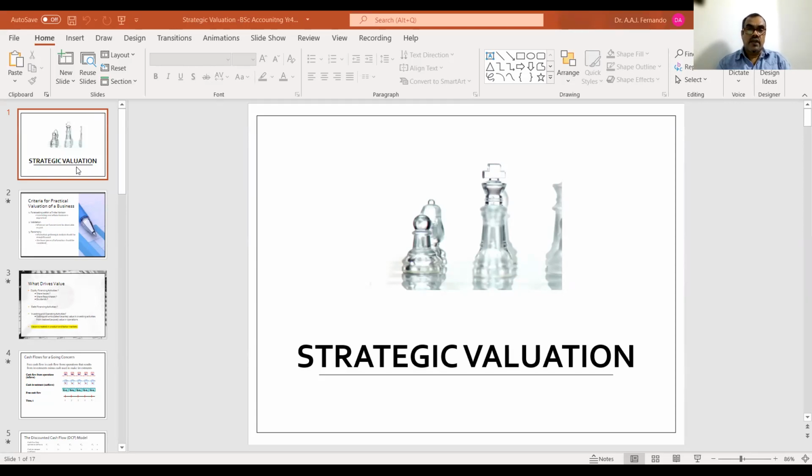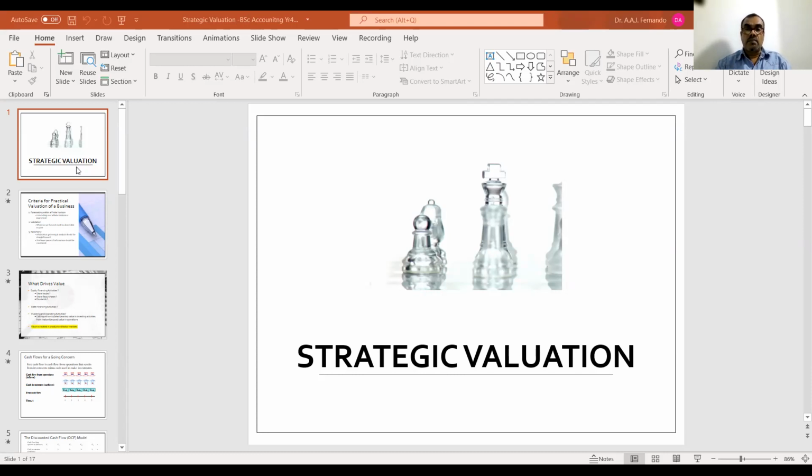Together, value can be created in many forms, but here we take the basic corporate value creation. That is value creation in a limited liability company, a firm.